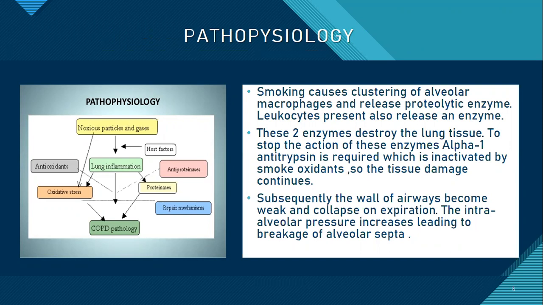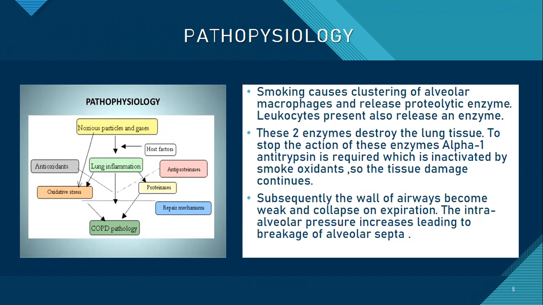For example, if a patient is a smoker, the smoking causes clustering of alveolar macrophages that release an enzyme known as proteolytic enzyme. Another enzyme is released by leukocytes. These two enzymes are responsible for destruction of lung tissues.